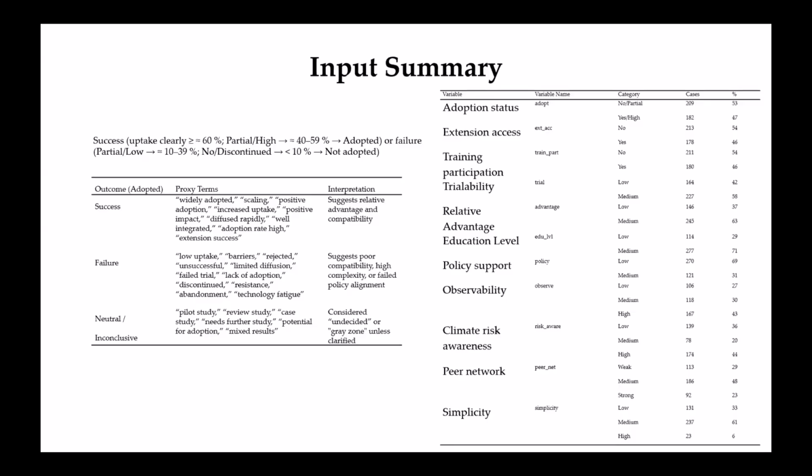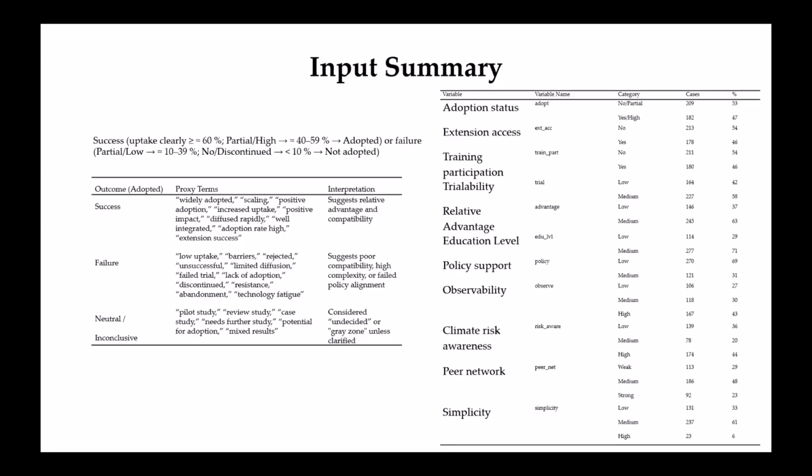And then trialability, whether the technology is easy to assess, whether they can try it, right? And relative advantage means, based on previous use, whether new technologies can bring a relative advantage.